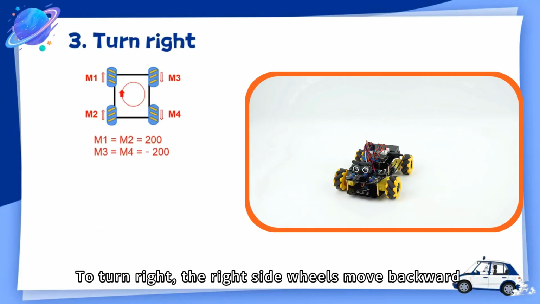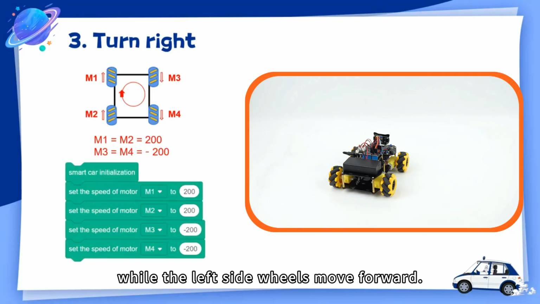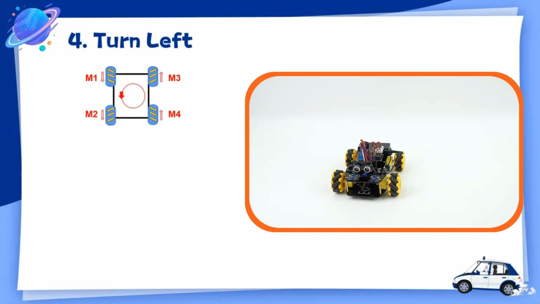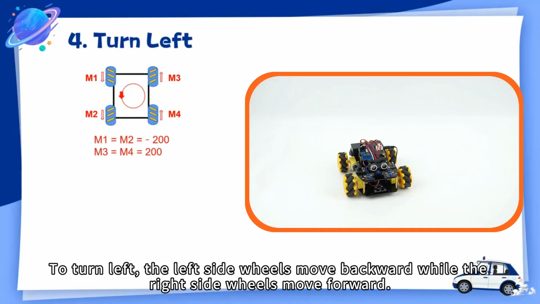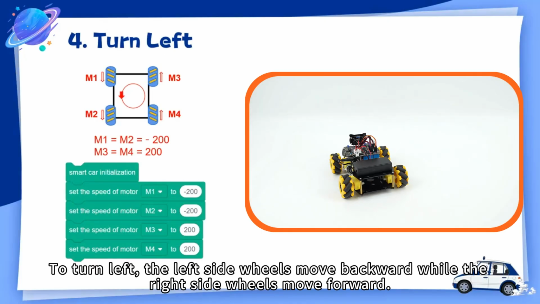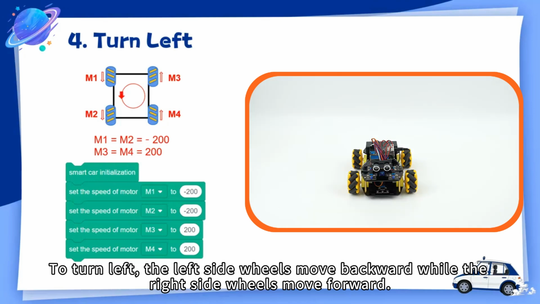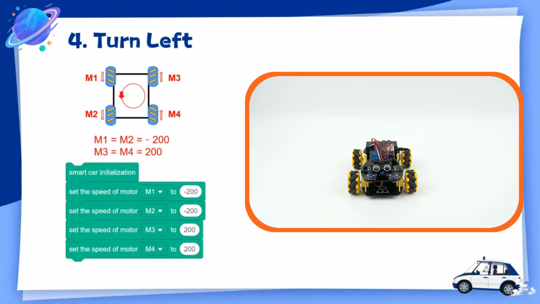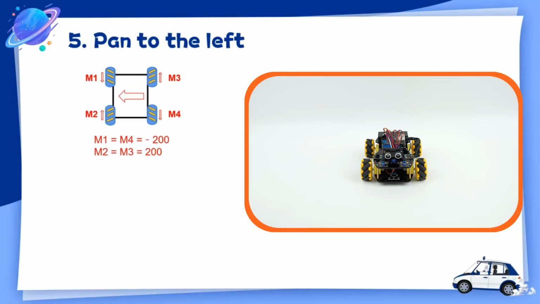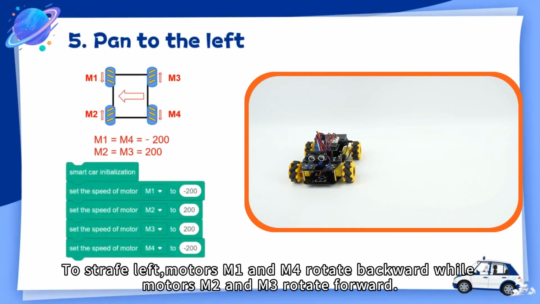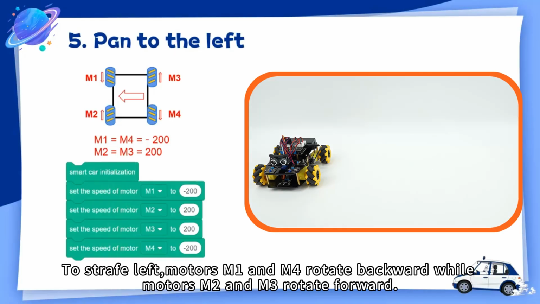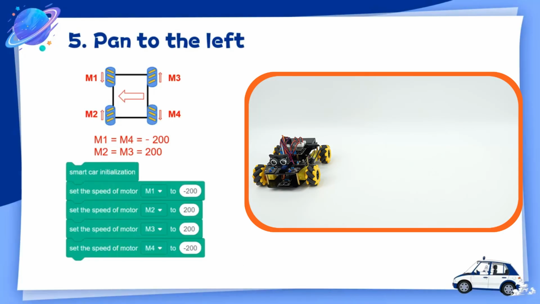To turn right, the right side wheels move backward, while the left side wheels move forward. To turn left, the left side wheels move backward, while the right side wheels move forward. To strafe left, motors M1 and M4 rotate backward, while motors M2 and M3 rotate forward.